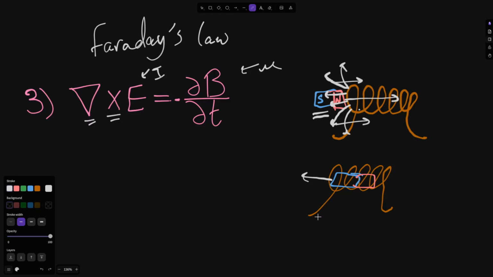Last time it went like that, now it will go the other direction, and the current and the magnetic field will resist us getting it outside, giving us a push in that form.